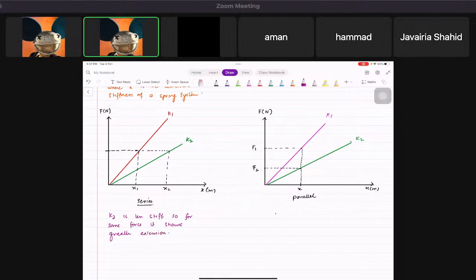And in this one, K2 is less stiff. So for the same extension, it requires less force to be applied, or it shares less portion of that force. What you guys need to understand, okay?